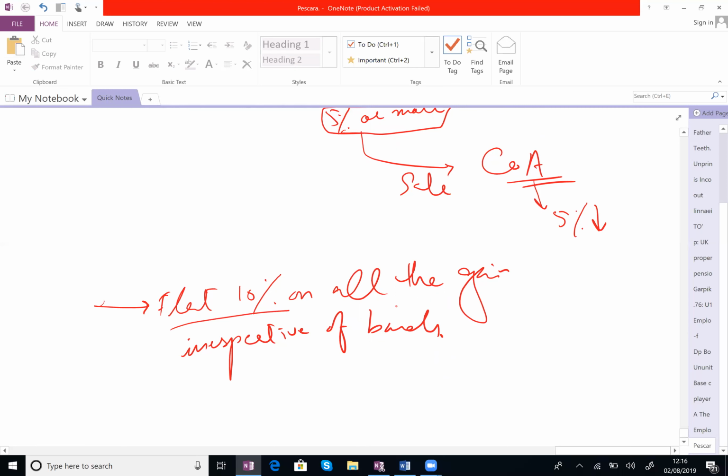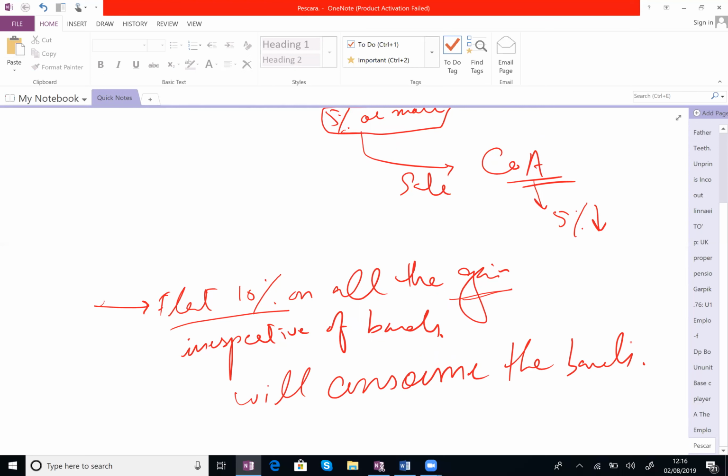But the gain which qualifies for entrepreneur relief will consume the bands. What is this? Entrepreneur relief applies irrespective of the bands, but it consumes the bands.